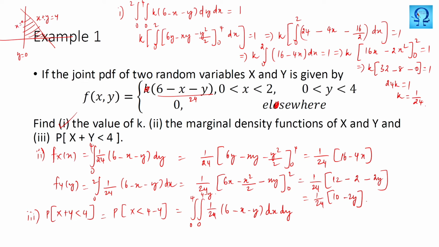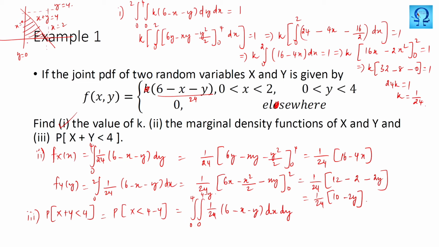Okay, and this point is x equals 2 and this point is y equals 4. Okay, now you fix one thing. We are changing x, which goes from 0 to 4 minus y.